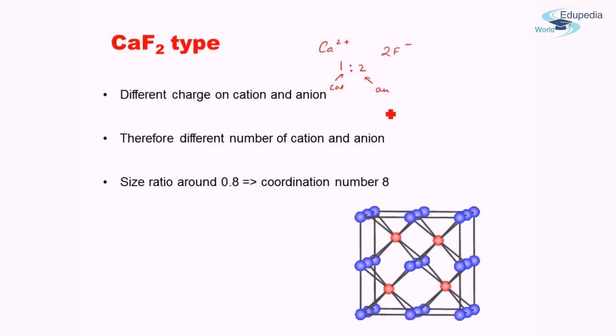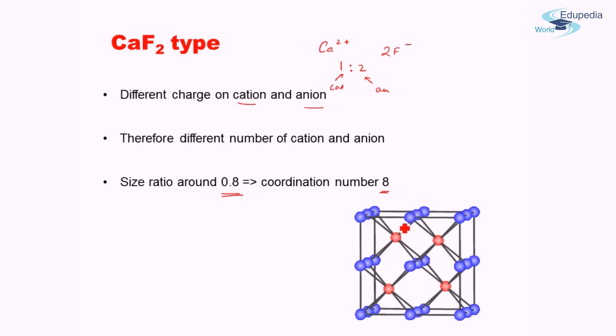So we have more anions and fewer cations. Different charge on cation and anion, therefore different numbers of cations and anions. And for this specific case, that is CaF2, the size ratio is around 0.8, therefore the coordination number turns out to be 8. Okay, so it is a cubic kind of scenario.